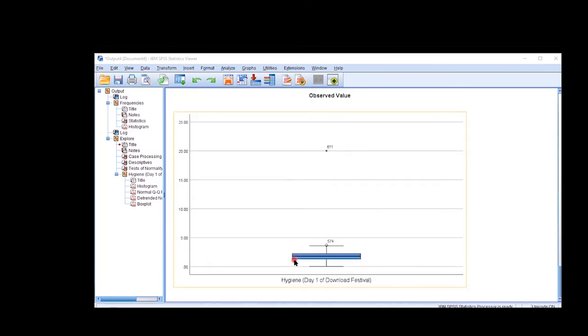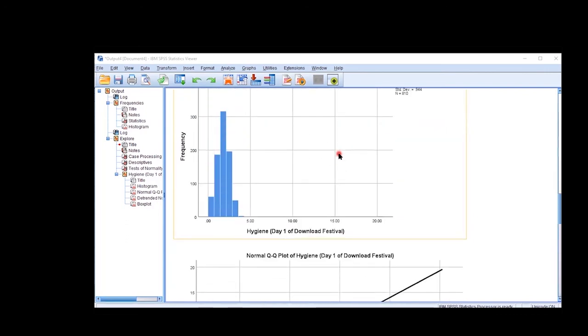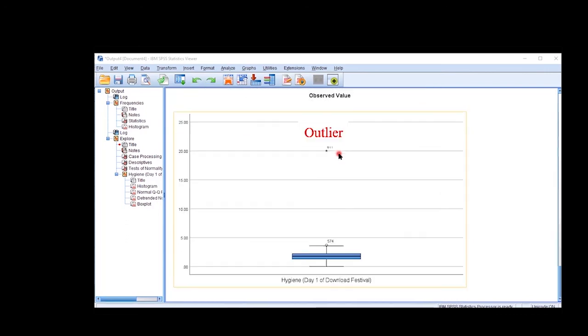And this is another graph which shows that there is some problem. The problem lies here. Probably this point shows that there is an outlier in our data. So all the results say the data is non-normal because of this outlier. Our outlier is at observation 611.